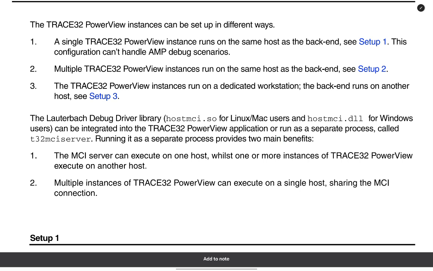Running it as a separate process provides two main benefits. First, the MCI server can execute on one host, whilst one or more instances of TRACE32 PowerView execute on another host. Second, multiple instances of TRACE32 PowerView can execute on a single host, sharing the MCI connection.